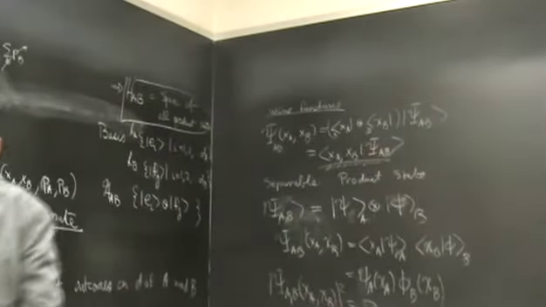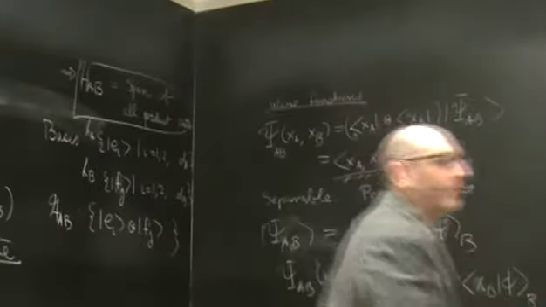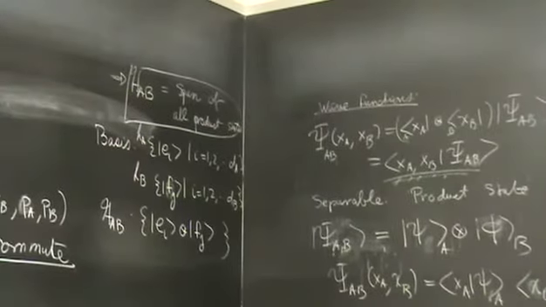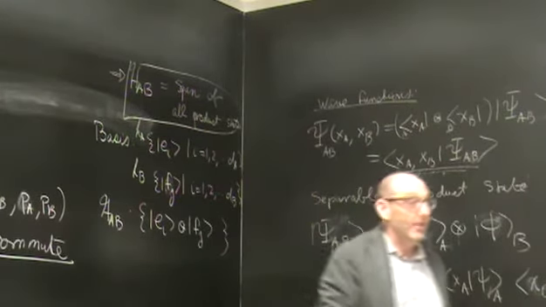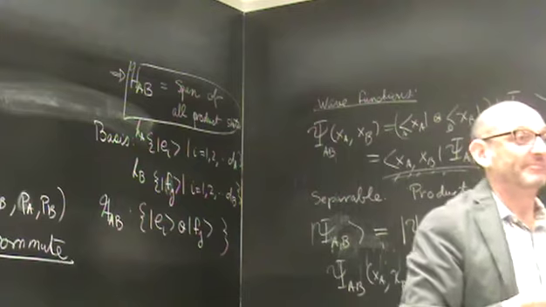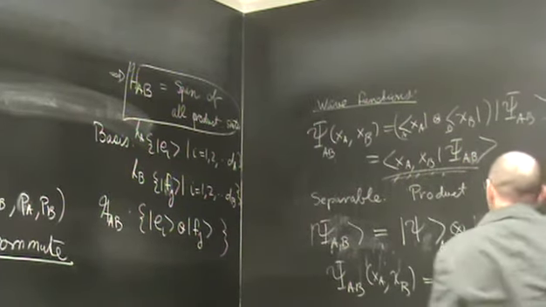A tensor product space is the linear span of all product states. And there are states in the tensor product space which are not product states. For example, I can write one down in terms of wave functions.